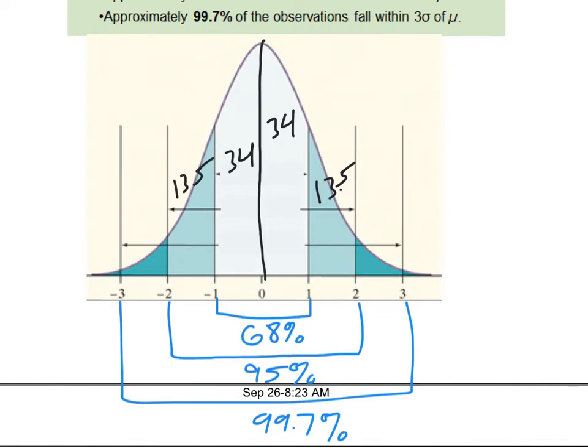From 2 to 3, I could take the difference of 99.7 and 95 and get 2.35. And beyond 3 standard deviations, about 0.15 in each tail. So those percentages as they relate to standard deviation would apply to every normal curve.